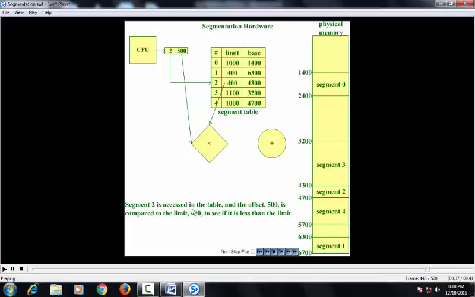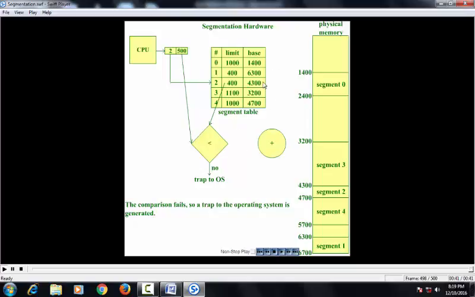So segment 2 is accessed in the table and the offset 500 is compared to the limit 400. Is 500 less than 400? No, it is not less than. It is greater than. So what can we do? Trap by the operating system, and the logical address will not be converted into a physical address.